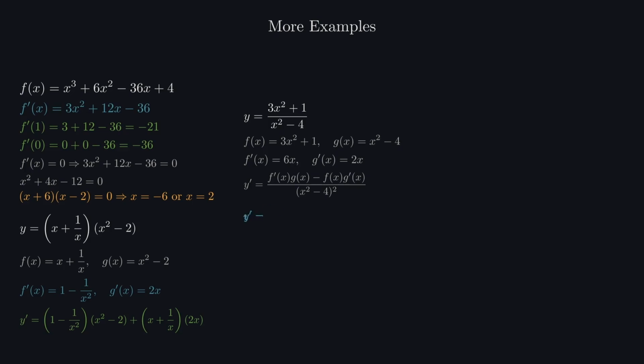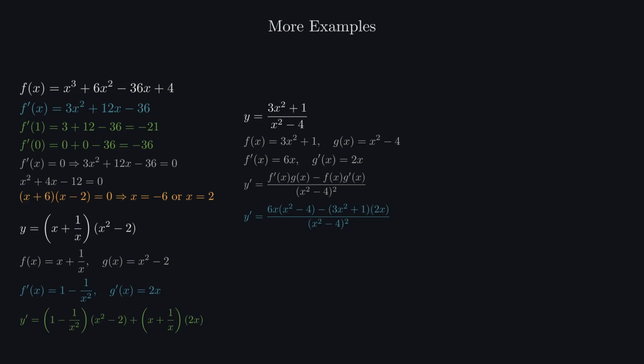Substituting f prime, g, and g prime into the formula, we get y prime equals 6x multiplied by x squared minus 4, minus 3x squared plus 1 multiplied by 2x, all divided by x squared minus 4 squared. So we can simplify the numerator step by step and get 6x multiplied by x squared minus 4 equals 6x cubed minus 24x.